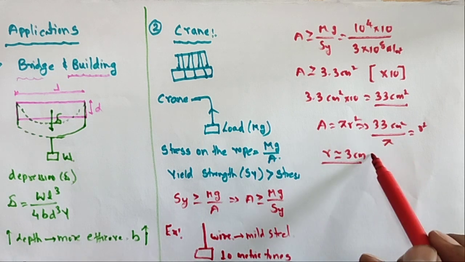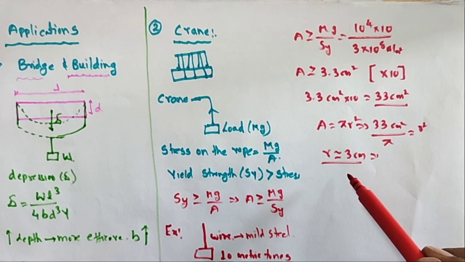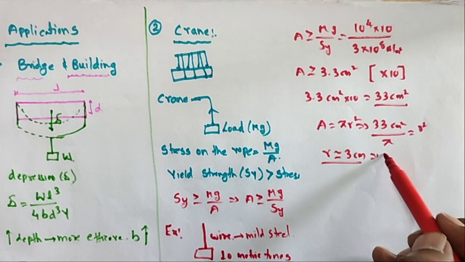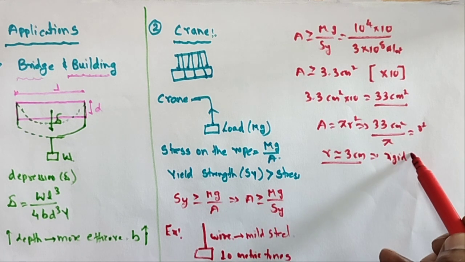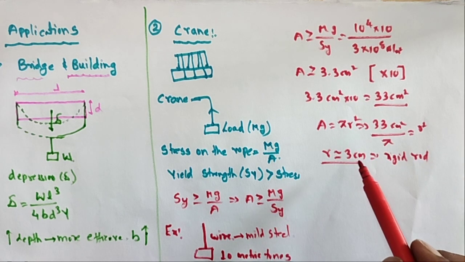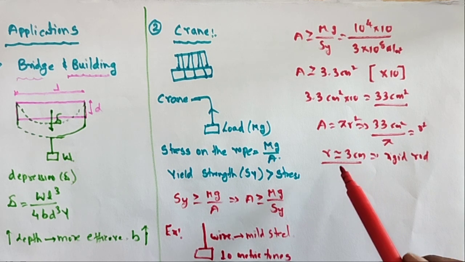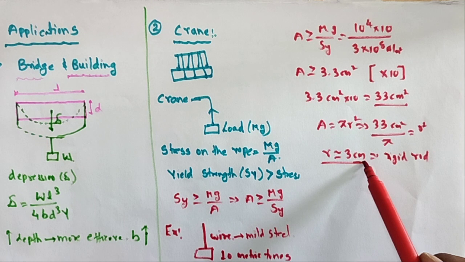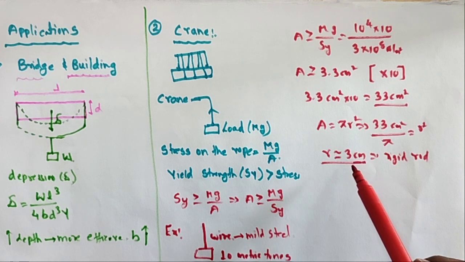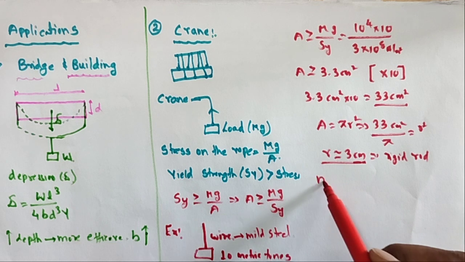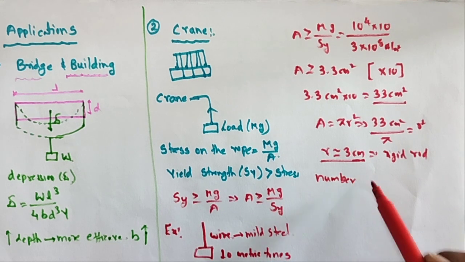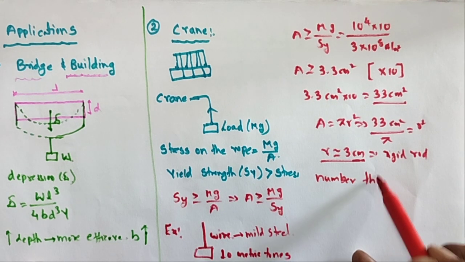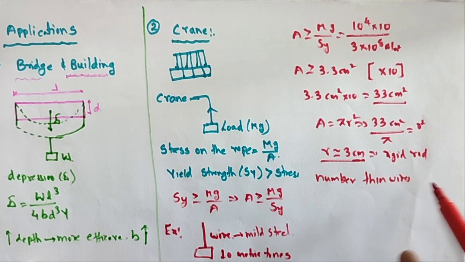But a single wire of 3 centimeter radius is not possible, not flexible, because it is practically a rigid body, or rigid rod. 3 centimeters is a very high radius, so it gives a rigid rod. Therefore practically it is not used. So the ropes of cranes are made of a number of thin wires, wrapped like this.